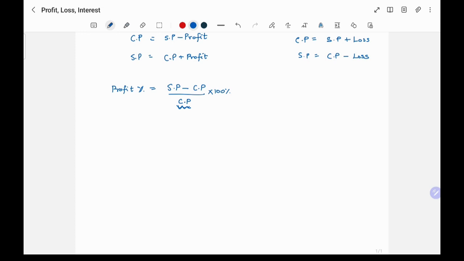If the question states it is with respect to selling price, then you need to take the denominator as selling price. Otherwise, in general, when they say profit percentage, they are referring to cost price. Similarly, loss percentage is cost price minus selling price divided by cost price into 100. Here also it's with respect to cost price only.